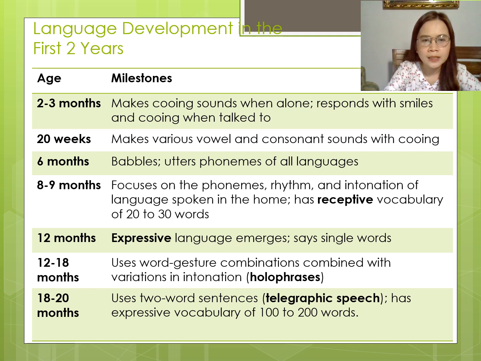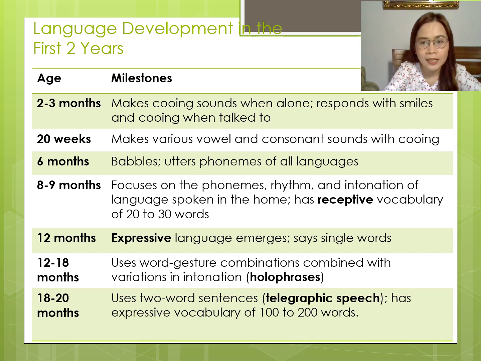Okay, so here we can see the table, no, yung development ng language sa first 2 years. 2 to 3 months, again, they make the cooing sounds and respond with smiles and cooing when talked to. At 20 weeks, ayan na, nakakapag-connect na ng various vowel and consonant sounds with cooing. 6 months, they babble, utter phonemes of all languages. 8 to 9 months focuses on the phonemes, rhythm, and intonation of language spoken in the home.